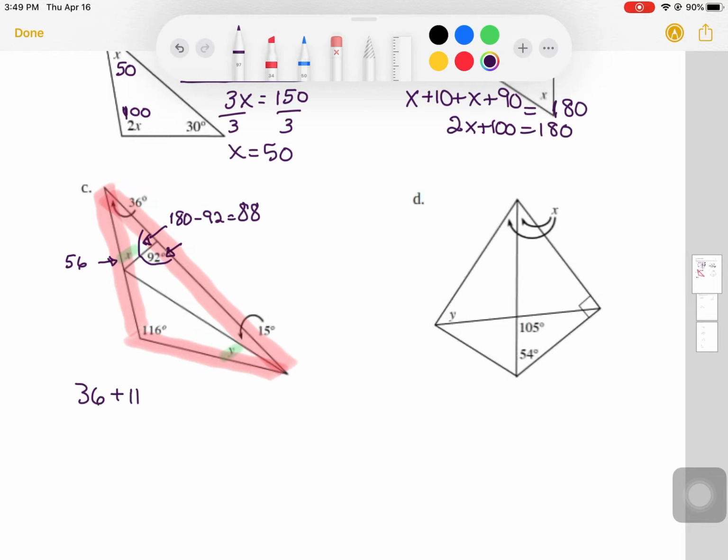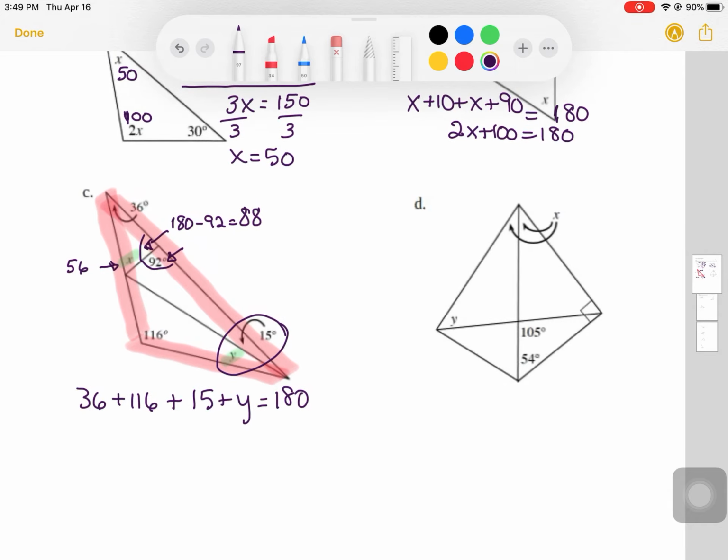So what I know about this is that 36, this is the red triangle, plus 116, plus this whole thing right here, plus 15 plus y has to equal 180. If you guys can see that, that was the hardest part of this problem, just seeing that. So you just add up the numbers, subtract from 180, and you get your value for y, which I believe, looking at the answer key, you should have gotten y as 13.